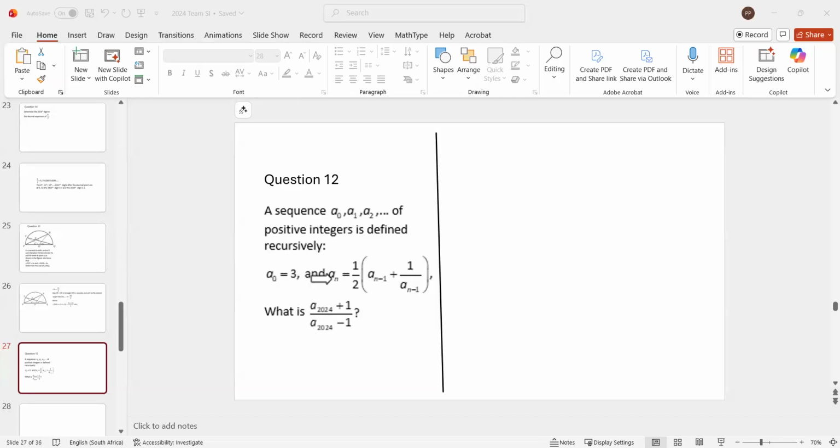And the nth term, an, is equal to half of the previous term, an minus 1, plus 1 over the previous term. So this is how the nth term is calculated. And the question is, they don't ask you for the nth term, they ask you for a particular expression involving the 2024th term.